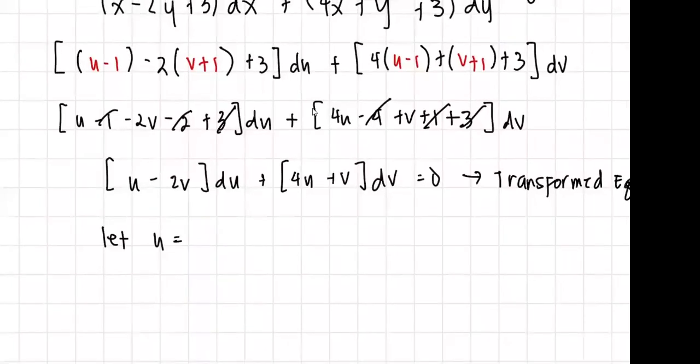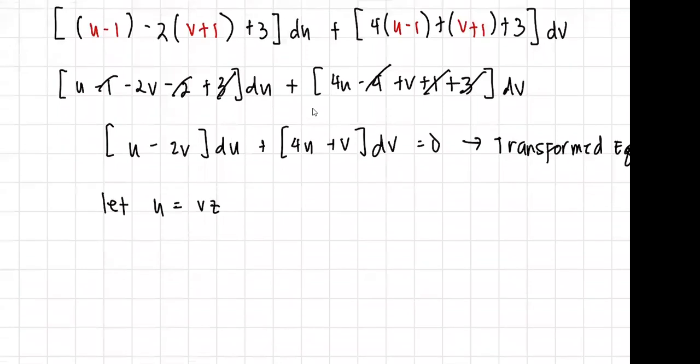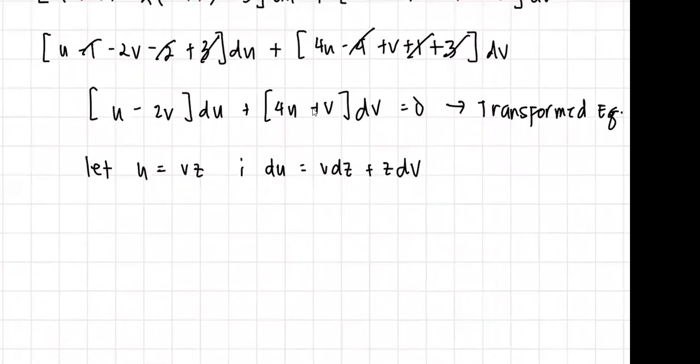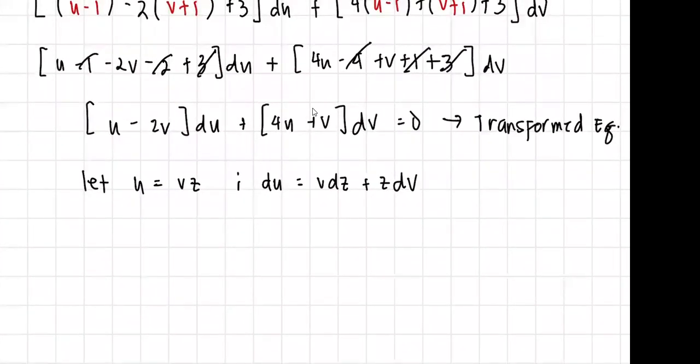So, try natin gawing u = vz. Okay? So, yung z yung bago natin. So, ibig sabihin, pag ginawa natin yung derivative, ito ay du = v dz + z dv. Okay? So, substitute natin yan sa given na transform equation natin.